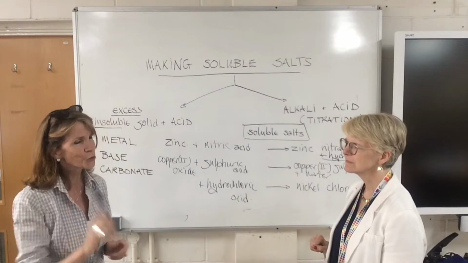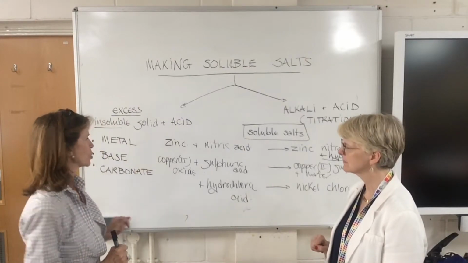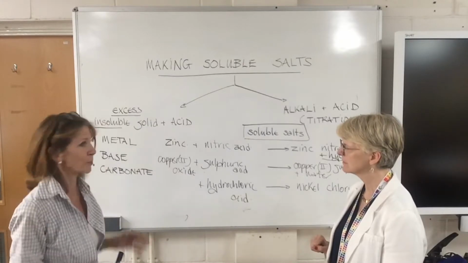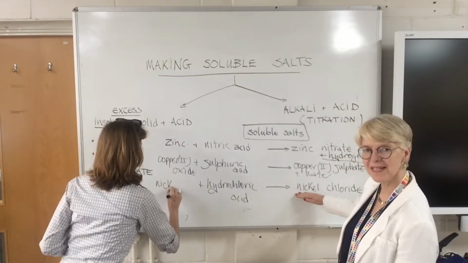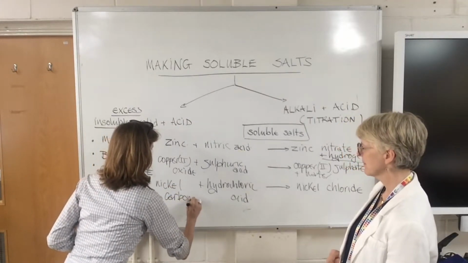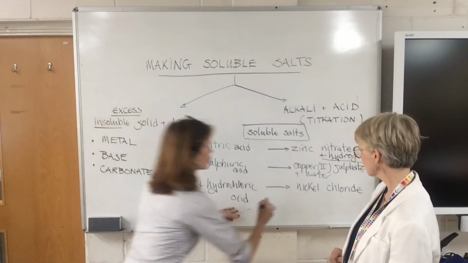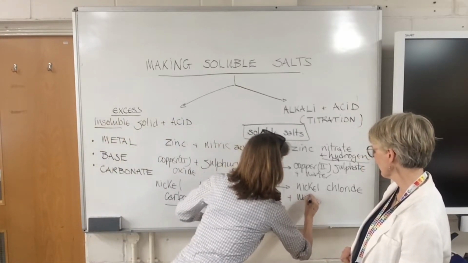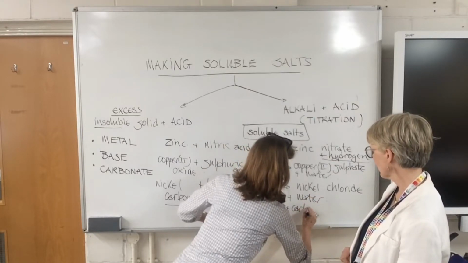Don't let it confuse you. So I'm going to go for nickel carbonate. Lovely, because if you're not sure how reactive a substance is, better to go for the base or the carbonate. And because of the carbonate, I know that water is produced and carbon dioxide.